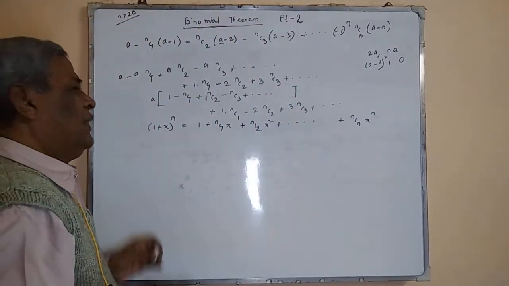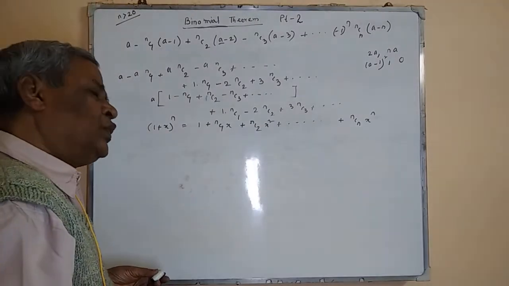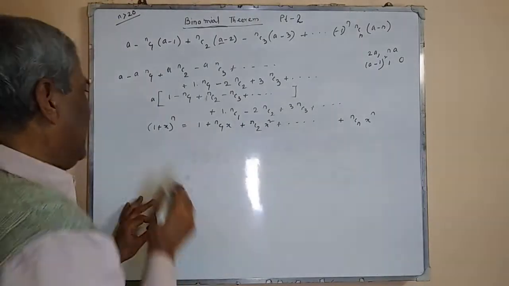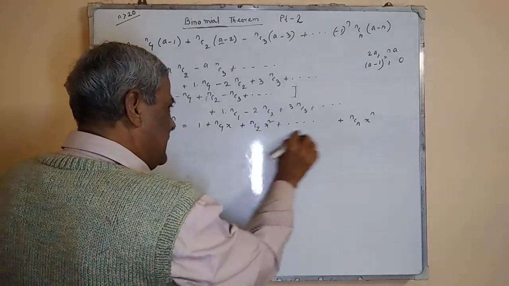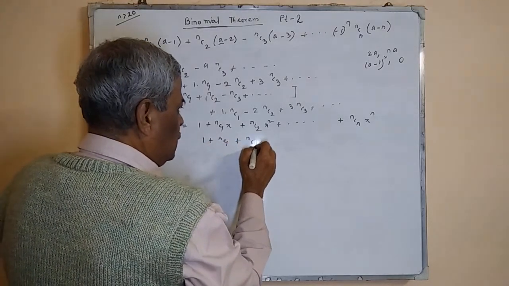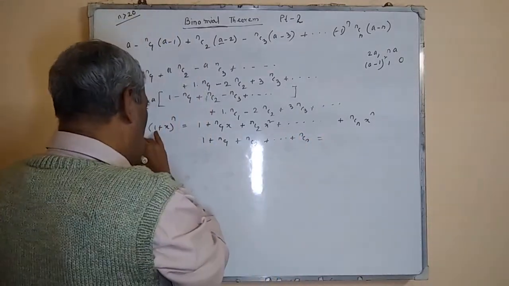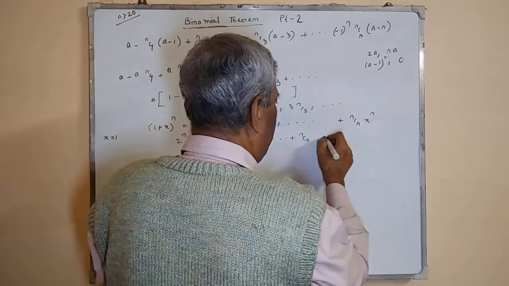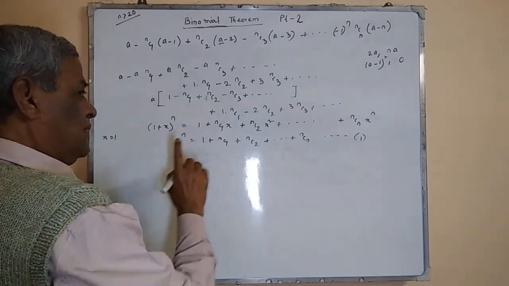This is a formula, that is an identity. So we can put a particular value of x on both sides. Putting now x equal to 1, the right-hand side is 1 plus nC1 plus nC2 up to nCn. It is equal to (1 + 1)^n, that is 2^n. Let it be 1. This is not our result.